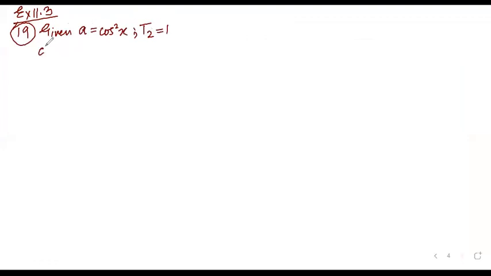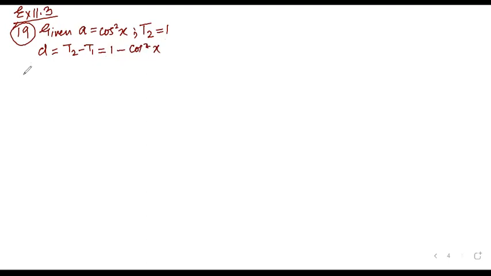So we can find the difference. D is equal to T2 minus T1, so this will be 1 minus cos square x. Okay, so we have found the difference as well.